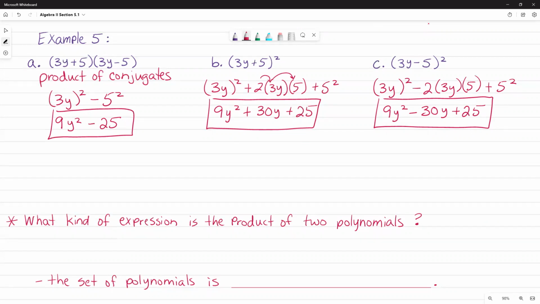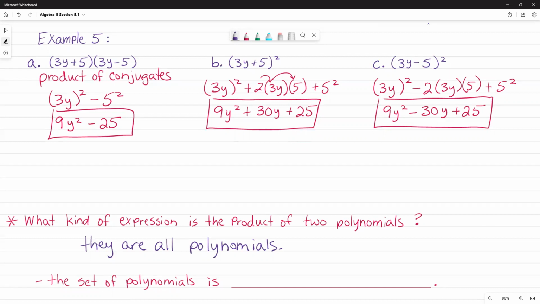The first one's a binomial, but they're all polynomials. Remember, product is the solution to a multiplication problem. So the solution to two multiplied polynomials is always a polynomial.